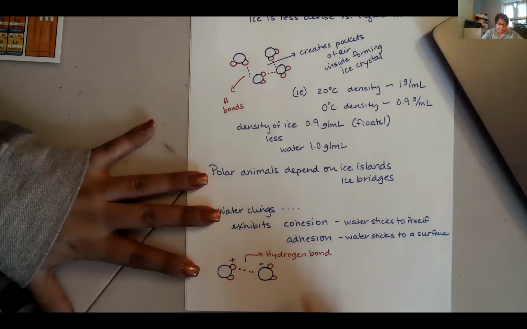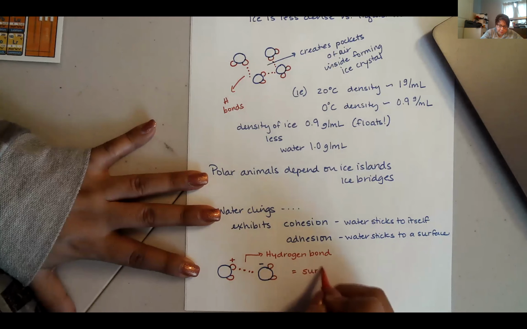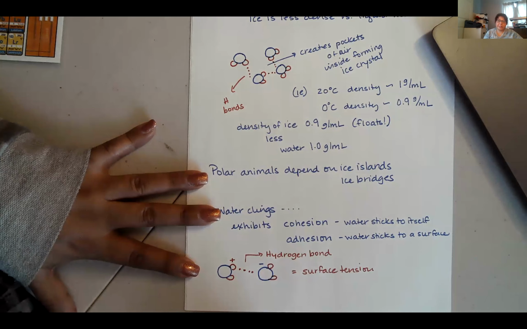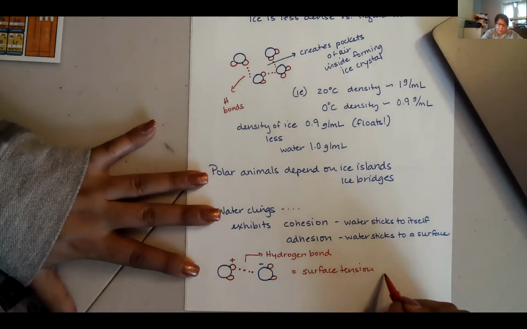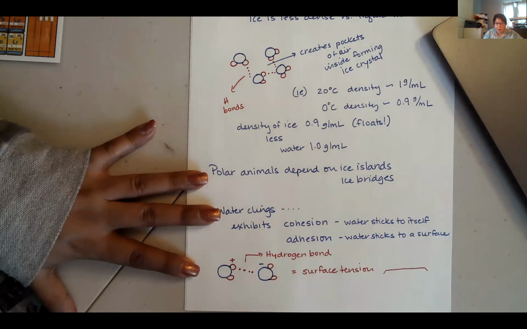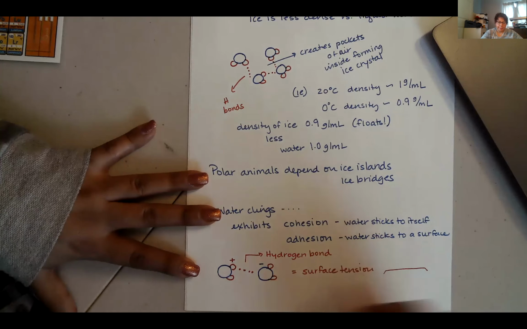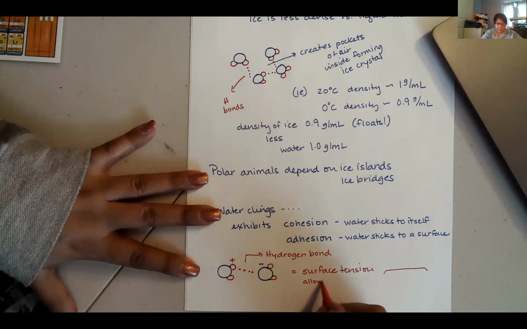As a result, water has what we call surface tension. Water exhibits an amount of surface tension. If you look at the surface of a body of water, those water molecules are stretched like the skin of a drum. They are stretched very tight because the water molecules are all pulling on each other. This is what allows small bugs to walk on water.